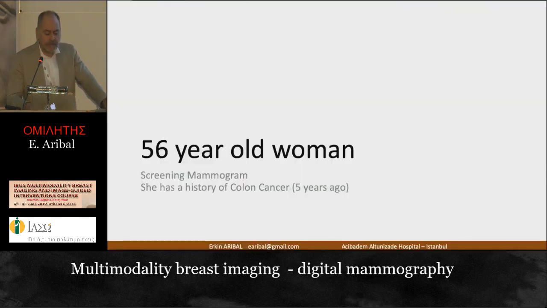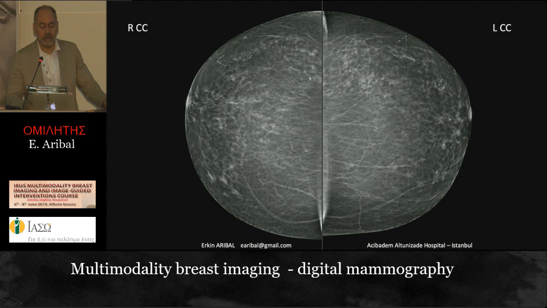This is a 56-year-old woman, screening mammogram. She had a history of colon cancer 5 years ago, and she didn't have a dense breast. It was almost an A-type breast. What tomosynthesis gives us is not only increased sensitivity, but it also helps us a lot in diagnostic imaging.